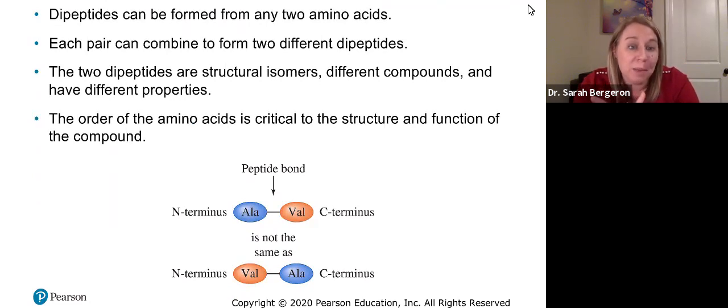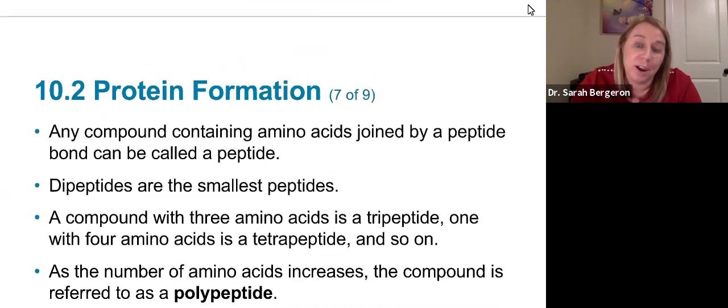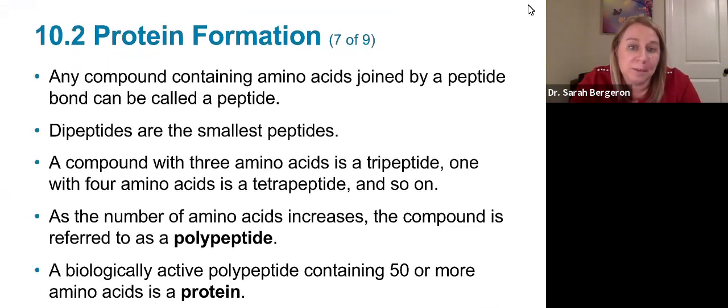They're different compounds. And so if you rearrange the order of amino acids inside of a protein, you're going to change its function because you changed its structure. So it's very, very important that you write them in the right order so that we're signifying the correct proteins. Otherwise, you're actually writing out a different protein.